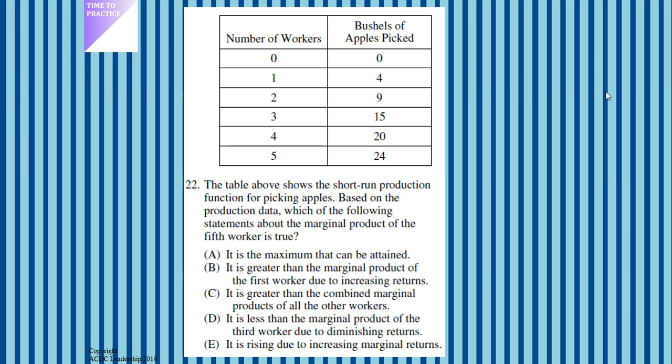Okay, so let's begin with just a couple of practice multiple choice questions before we put cost into everything. So take a look. Based on this data, we have the short run production function for picking apples, how many workers we have, how many bushels of apples they can pick.